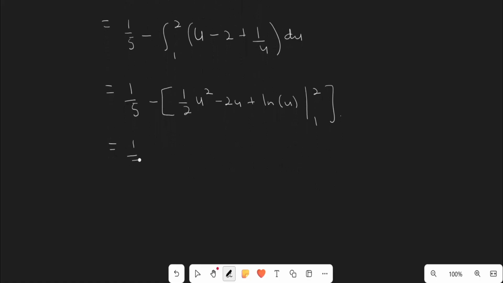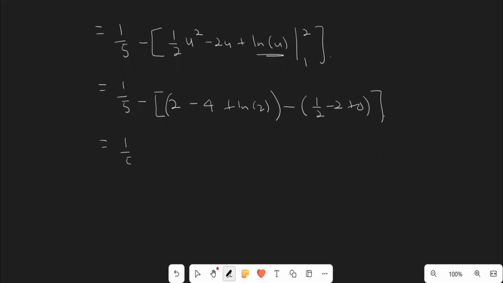Cool. So 1 over 5 minus, plug in 2, this is the upper limit. We have 2 squared over 2, which is 2, minus 2 times 2, which is 4, plus the ln of 2. This is the upper limit minus the lower limit. Plug in 1, that is going to give you 1/2 minus 2, plus ln of 1, which is 0.